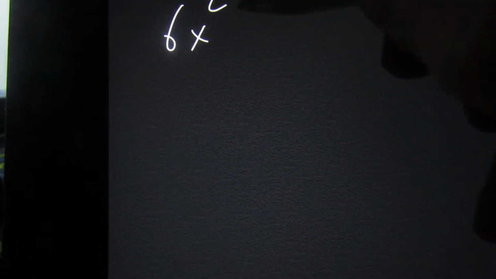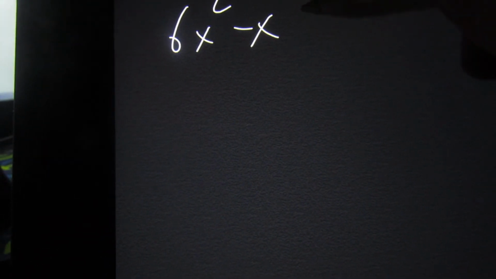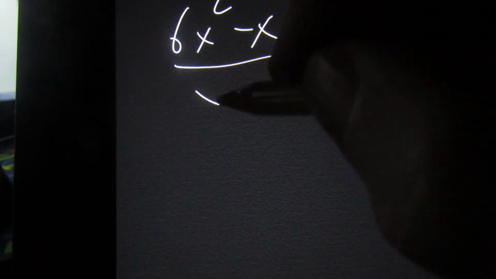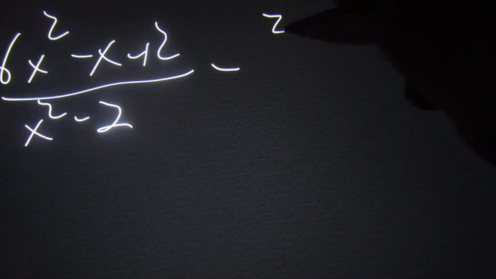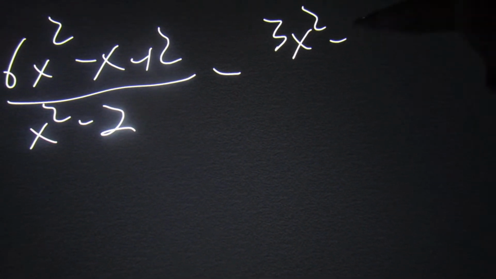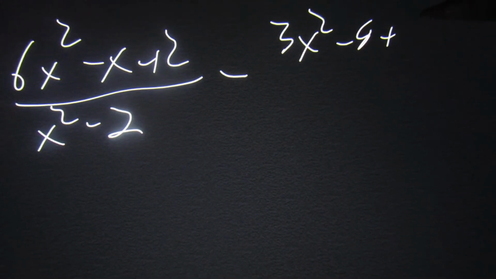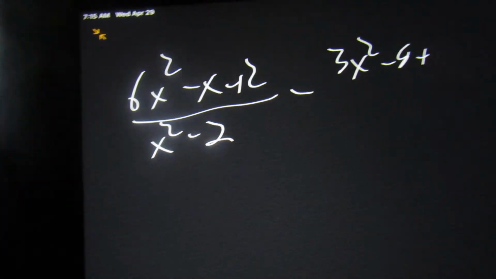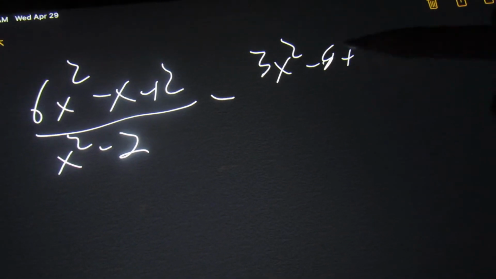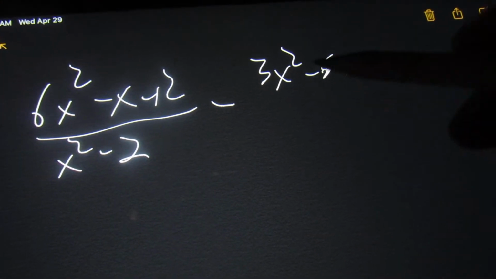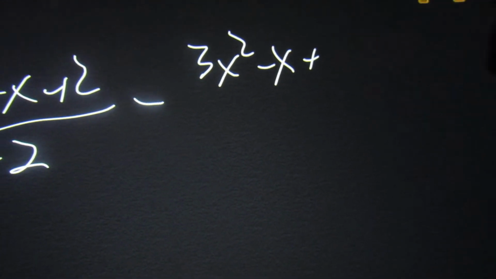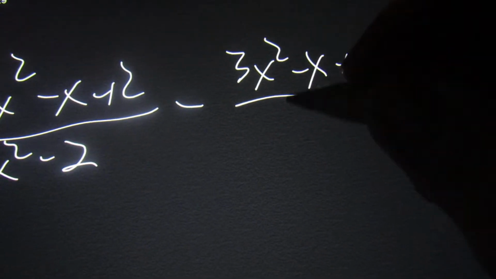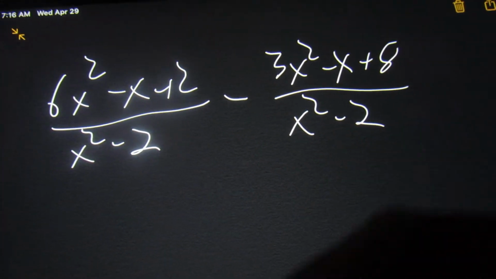So another subtraction, say we have 6x squared minus x plus 2 over x squared minus 2 minus 3x squared minus x plus 8 all over x squared minus 2.